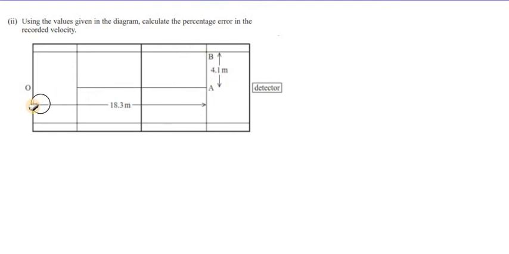That means from O to D, and then if you join these, you have a right triangle. So you have the adjacent side, you have the opposite, so you can find the hypotenuse using Pythagoras theorem.